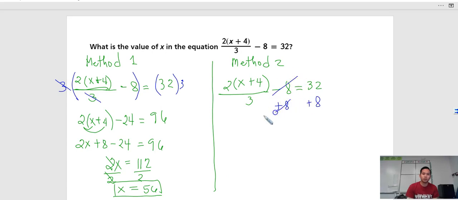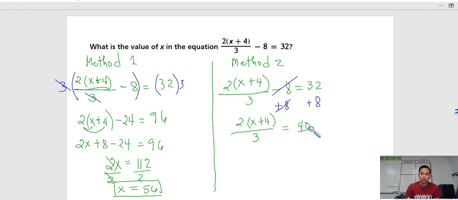Of course, this will be cancelled. So I have 2 times x plus 4 divided by 3 is equal to 32 plus 8. It's 40. And then we can do cross multiplication.